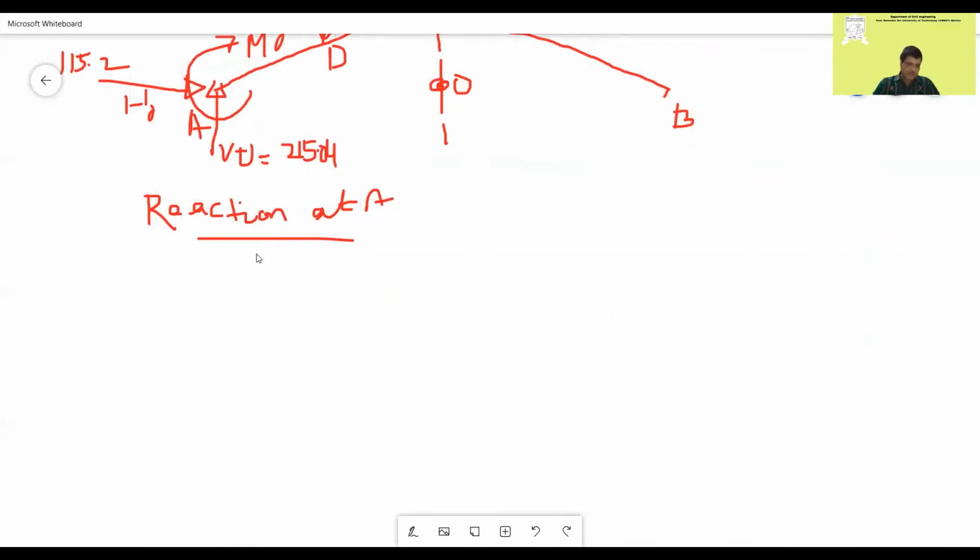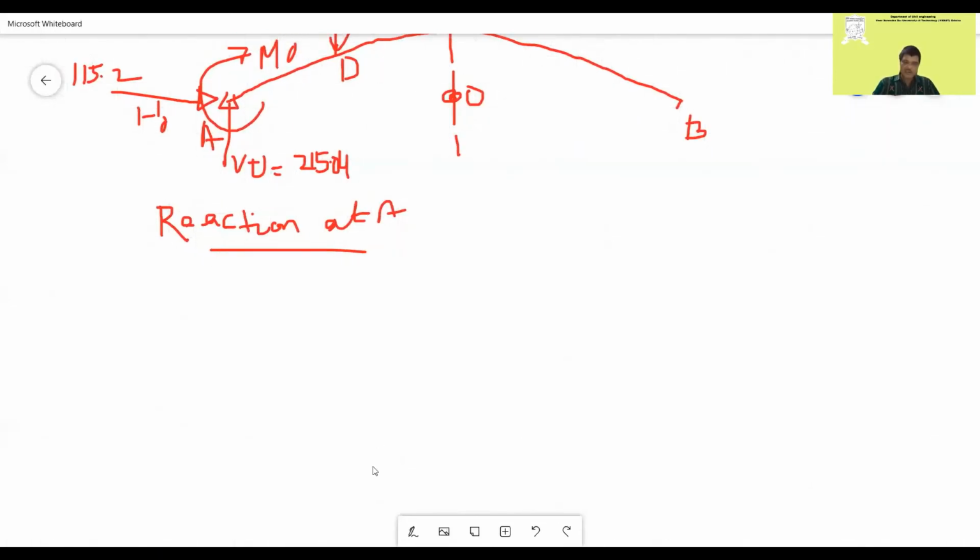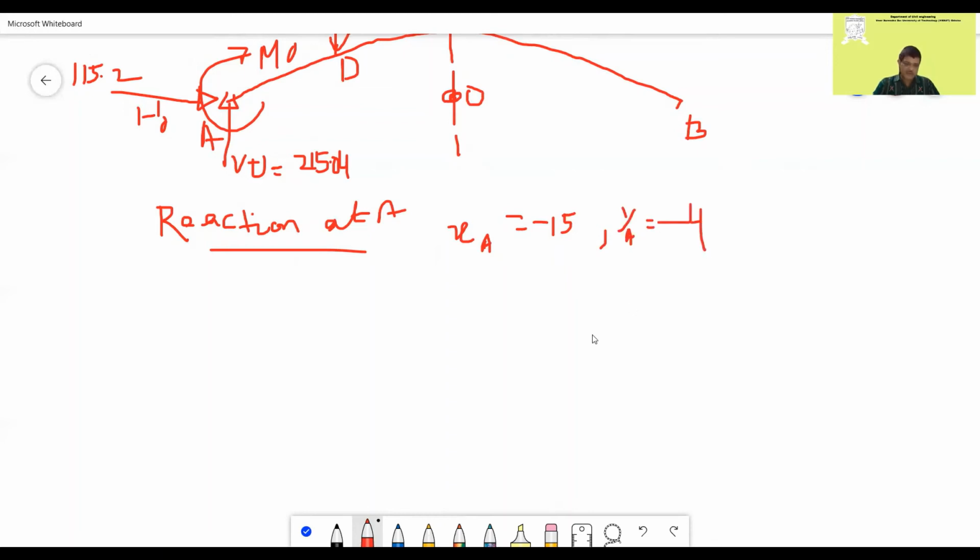So the reaction at A can be obtained. What is the XA here? XA here is minus 15, and the total height was 4 meter. This point is below, so Y is equal to minus 4. Now what is MA? The moment at A will be equal to M dash plus M0 we have found, plus V0 into X plus H0 into Y. Now your applied moment is equal to 0.